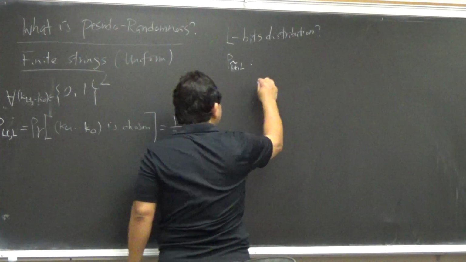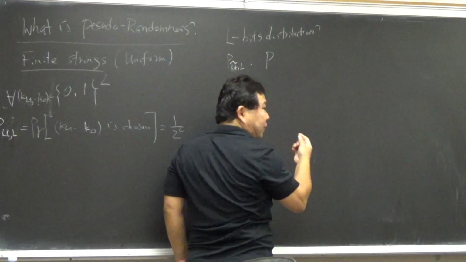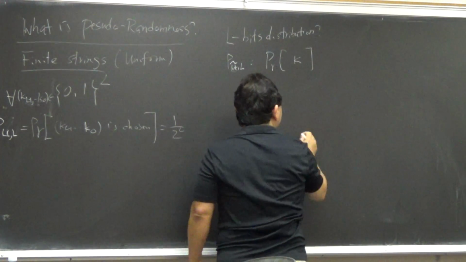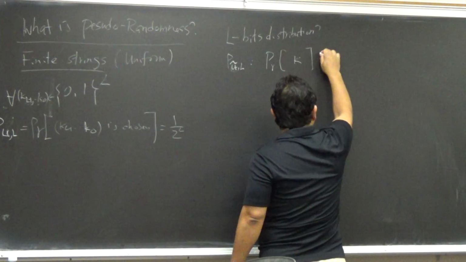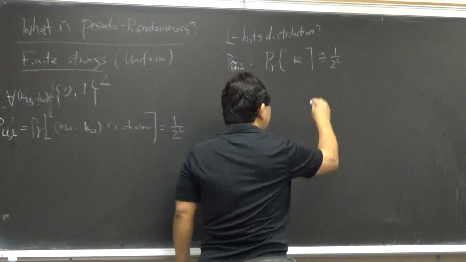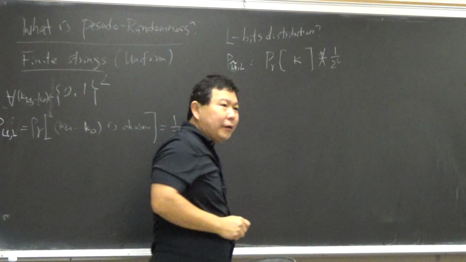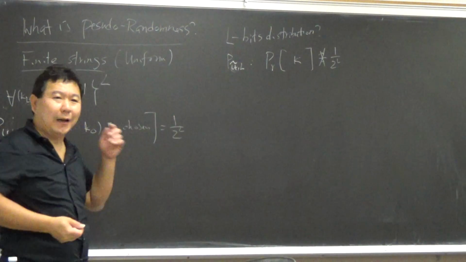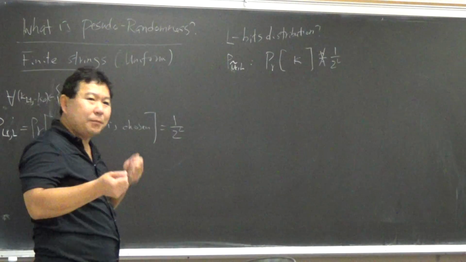This means that for some strings, the probability that k is chosen may not be equal to 1/2 to the L. In the old world of statistics, when we say one distribution is approximately another, there are many different measurements.